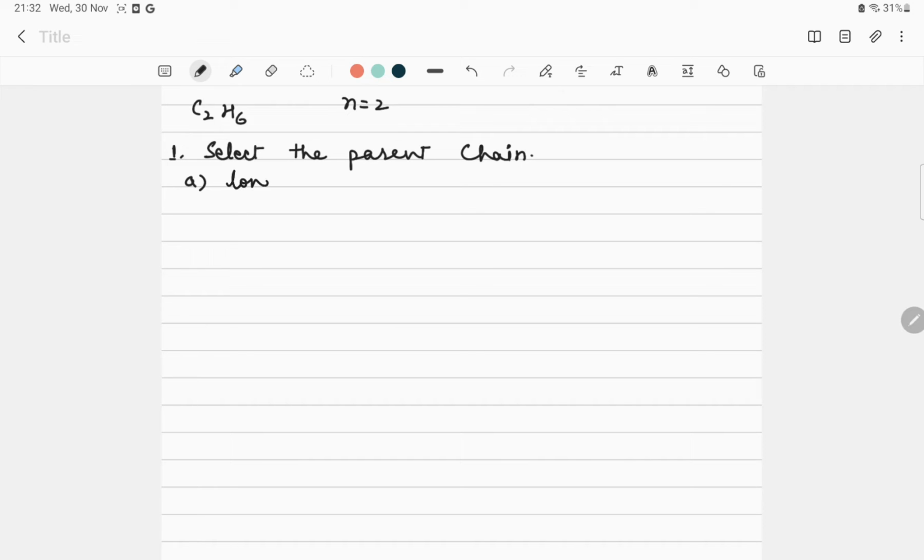One is that the chain should be longest. The second condition is that it should be continuous. So the chain with the maximum number of carbon atoms should be the parent chain. And similarly, if continuous carbon atoms are present, then that will be the parent chain.